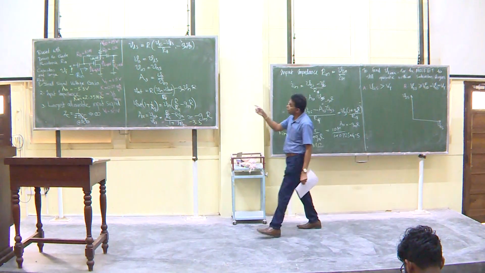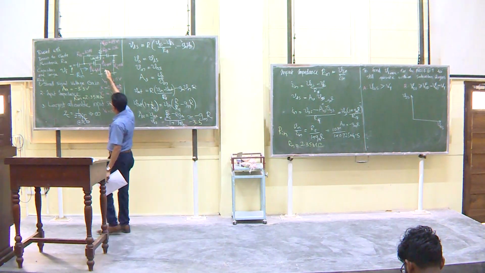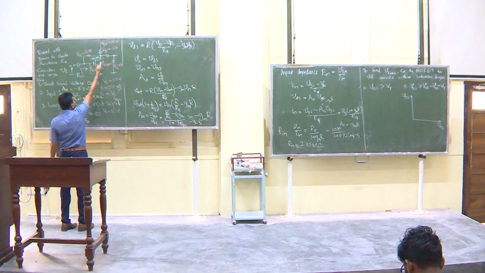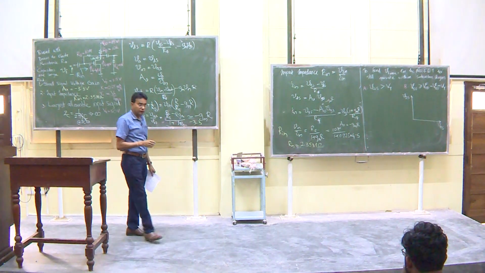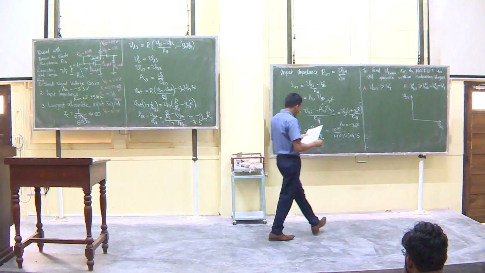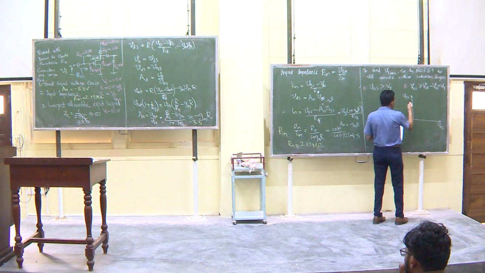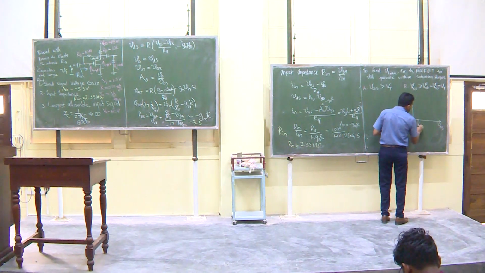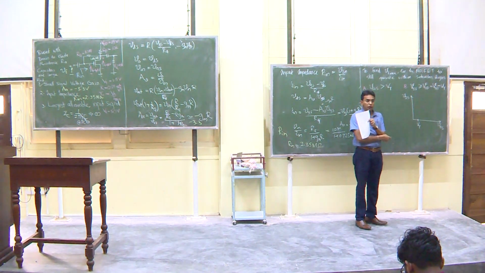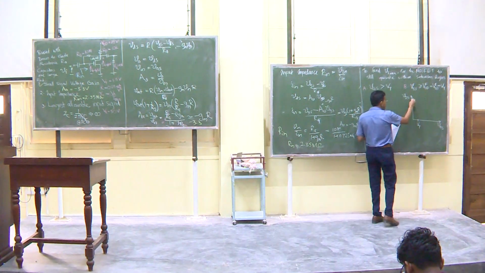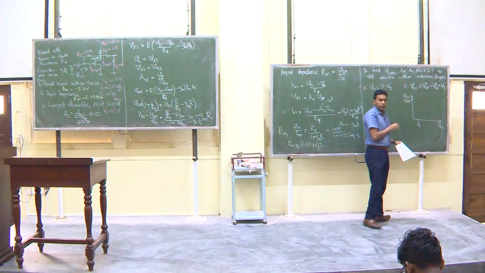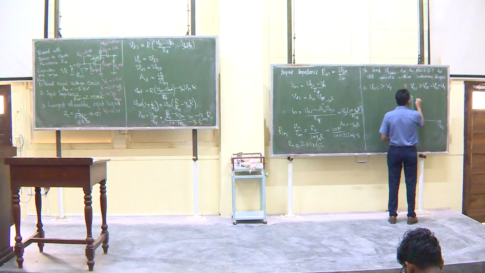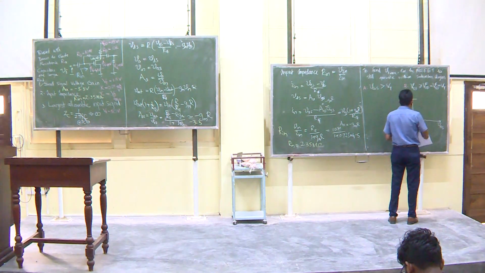For this circuit, VDS is basically VDD minus IDRD. Up to VT, there is no current, ID is 0. Therefore, this is at cutoff. My output is at VDD. That's up to this point, which is my A.